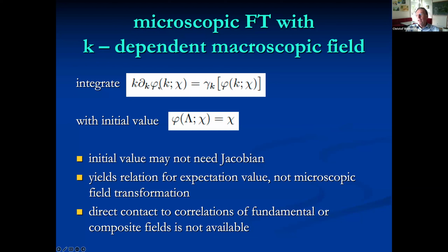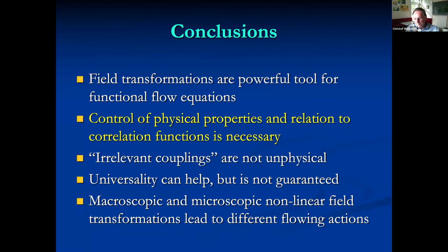It doesn't construct the microscopic field transformation for you, and you still do not have any direct contact to the correlation functions of the fundamental or composite fields. It may be possible, if your transformation is smooth enough, to at least estimate it, but directly, you do not have this contact to the correlation functions.